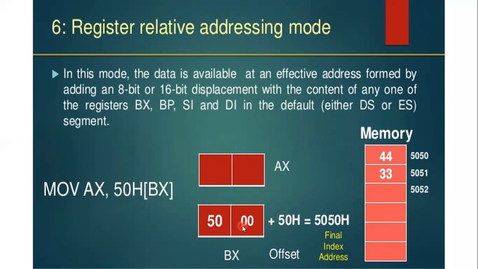The address is 00 offset plus the BX contains the value 50 and the address is 50. Therefore, 5050, which is the final index, which contains the data value.